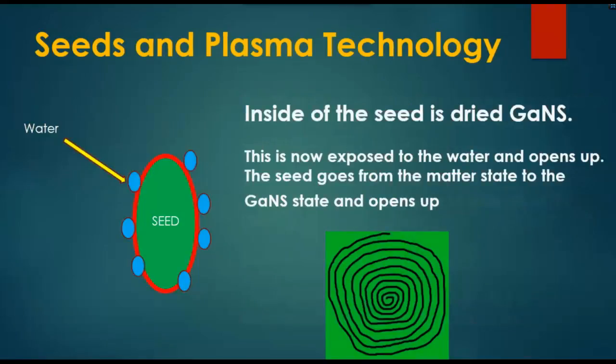And now with the dried GANs being exposed to the water, it opens up, and so essentially we have the seed that goes from matter state to the GAN state, and we get the whole germination process happening. So it's the addition of the water to the seeds which is that final key and interaction to basically break through those layers.